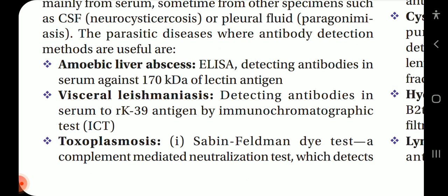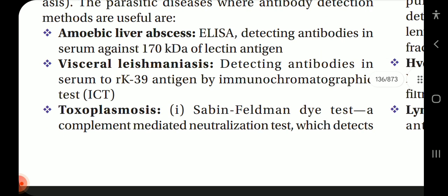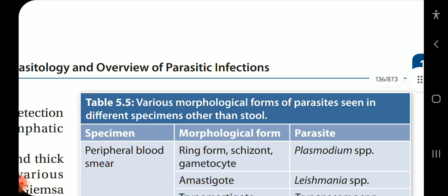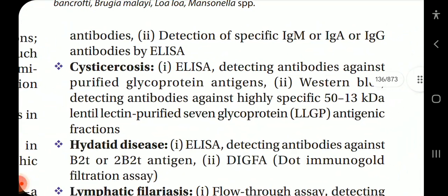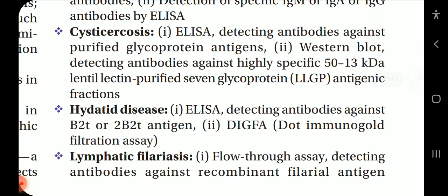The parasitic diseases where antibody detection methods are useful are: amoebic liver abscess, ELISA detecting antibodies in serum against 170 kilodalton lectin antigen; visceral leishmaniasis, detecting antibodies in serum to rK39 antigen by immunochromatographic test, ICT; toxoplasmosis, Sabin-Feldman dye test, a complement mediated neutralization test which detects antibodies, and detection of specific IgM, IgA or IgG antibodies by ELISA.